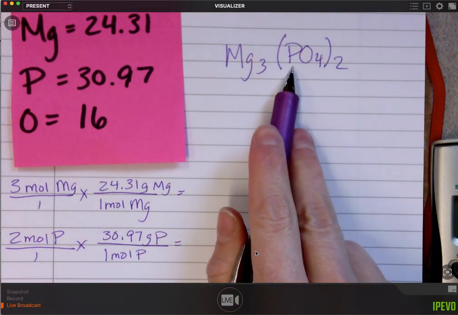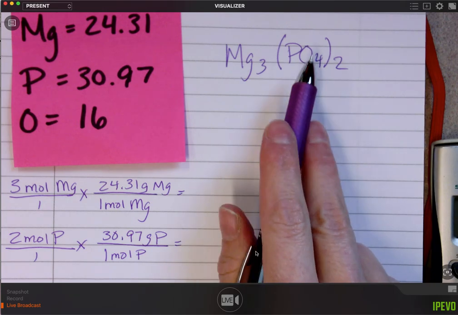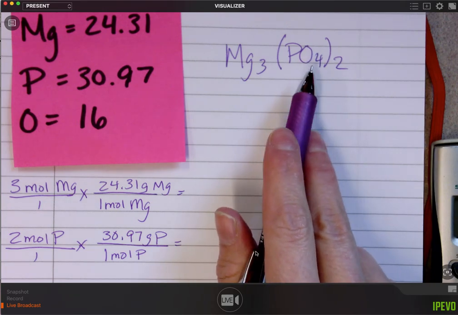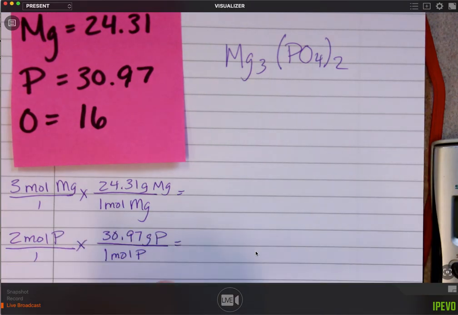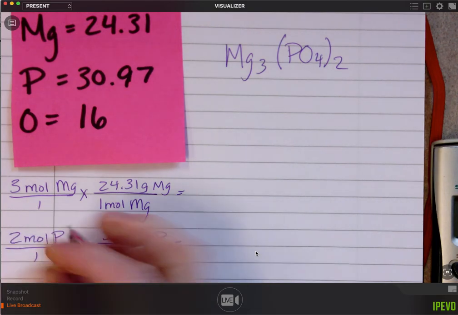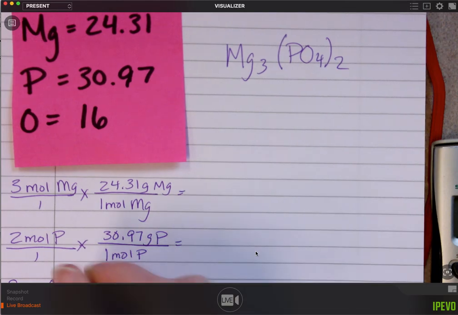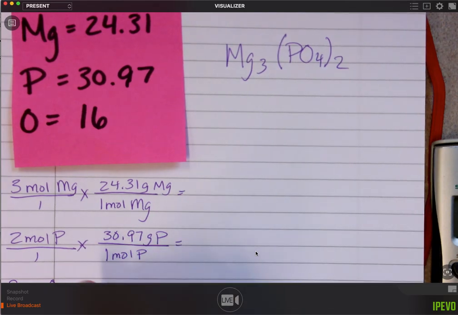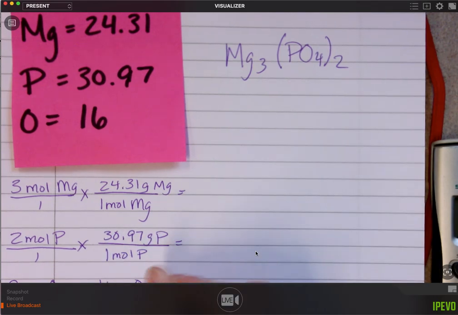I know that this is phosphorus and oxygen and not polonium because both the P and the O are capitalized. If the O is not capitalized, that would be polonium though. 4 times 2 is 8. So I have 8 moles of oxygen in 1 mole of magnesium phosphate. 1 mole of oxygen weighs 16 grams.